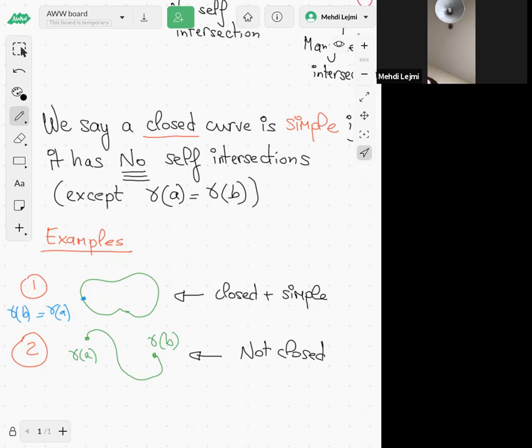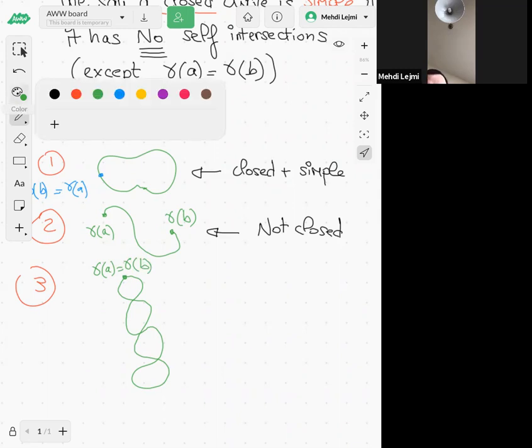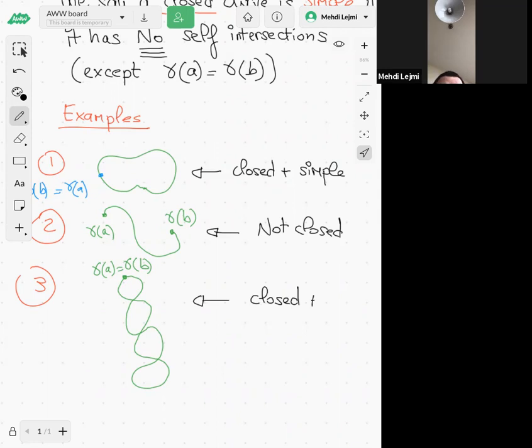Well, a third example would be, let's say you have this curve. Here's my gamma of A, which is equal to gamma of B. In this case, gamma of A coincides with gamma of B, so it's closed. So this curve here is closed. And is it simple?